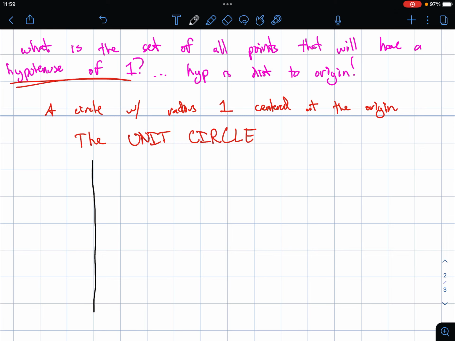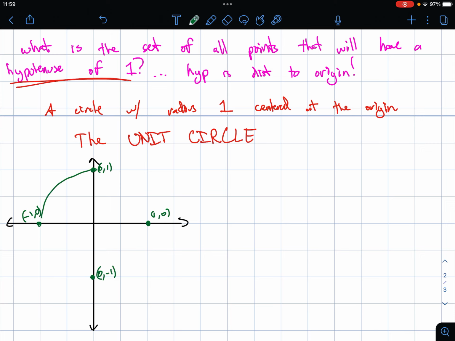So if I build out my axes again, and I plot some points, I know that the coordinate 1, 0 must be on this circle. I know that 0, 1, -1, 0, and 0, -1. And then if I attempt to draw a circle, perhaps the computer will help me, or perhaps not.